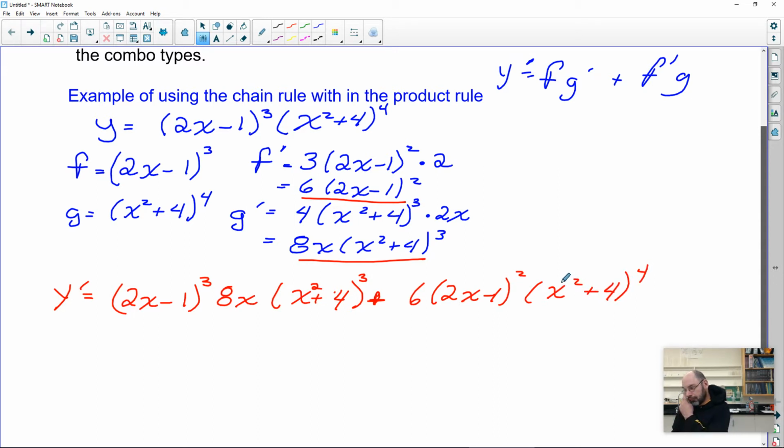Okay, so we can leave it like this. You can make it a little neater. You can put this 8 over here. Now, some books will get you to do common factoring. And I'm going to say, most of the time, you just leave it in this form, okay?